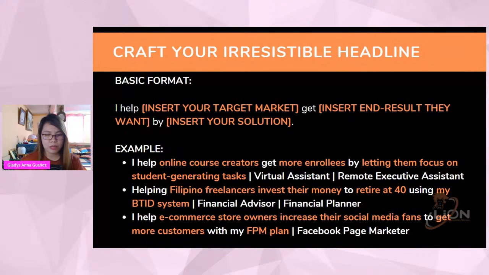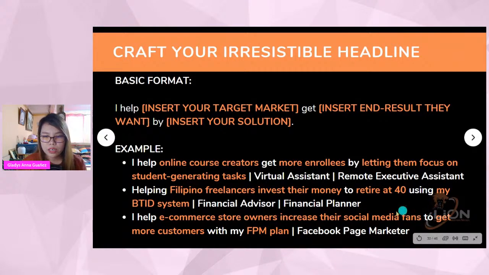Next example naman, actually this is the last example then. I help e-commerce store owners increase their social media fans to get more customers with my FPM plan. So for this one, ang target market naman niya ay yung mga e-commerce store owners. And what that person help them get is yung more customers.